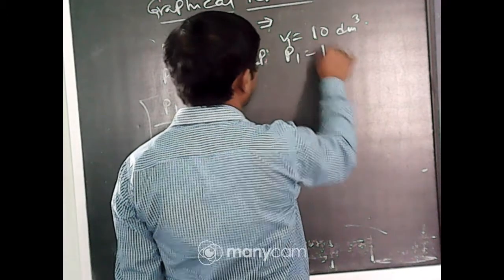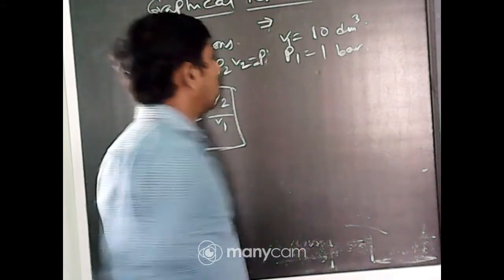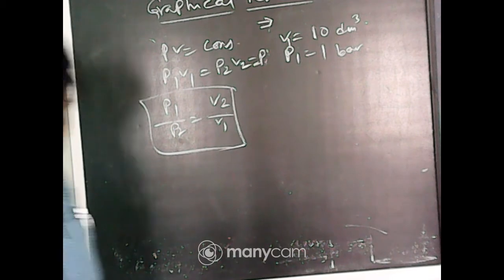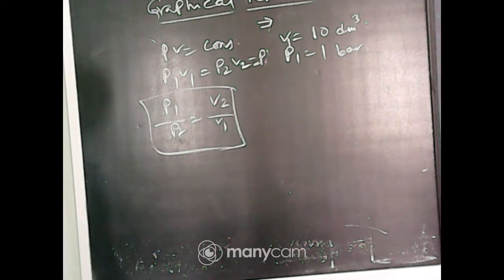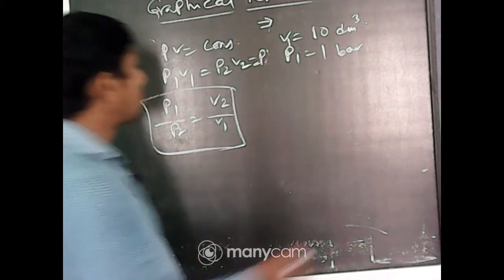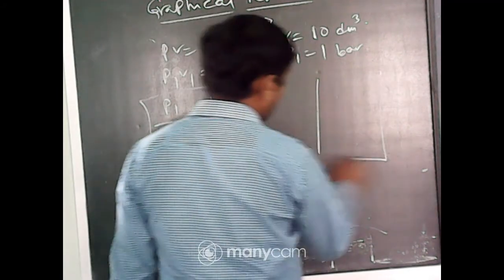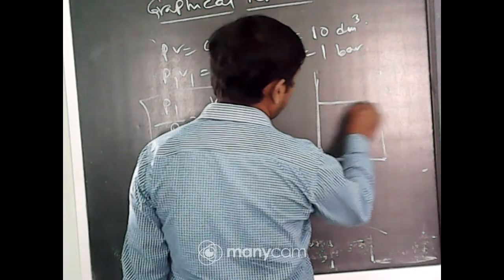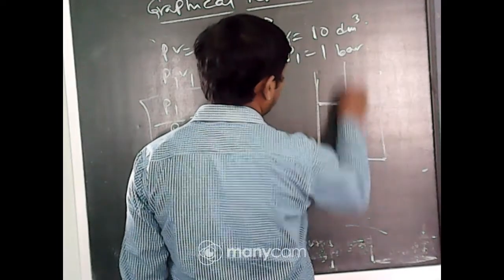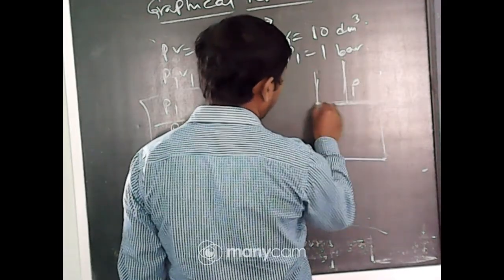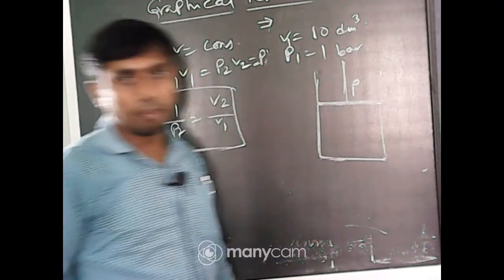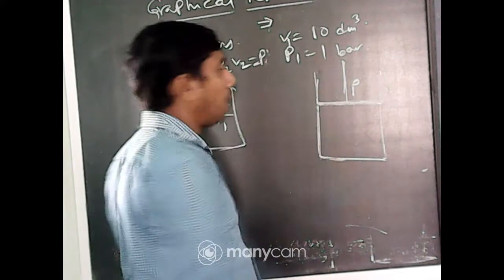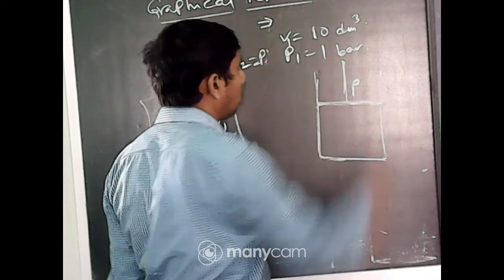The gas is contained in a cylinder which has a movable piston. What is a piston? It is a chamber and there is the piston, and it is airtight, that means no gases can pass through. So, this part is called the piston.